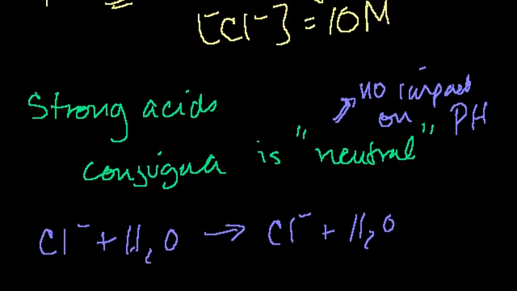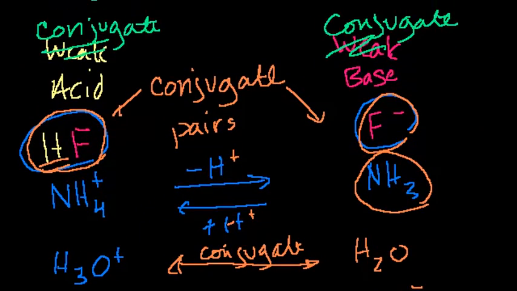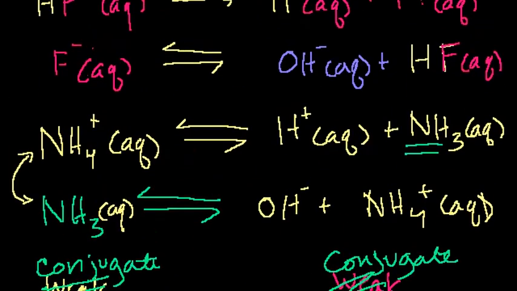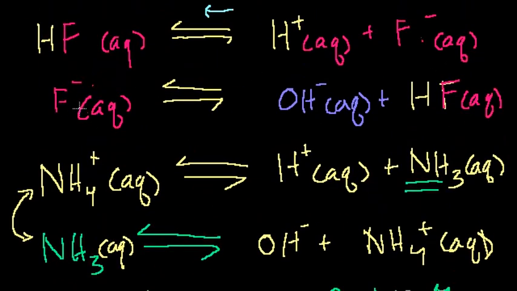Now, on the other hand, when you're dealing with weak acids, this reaction will go in the other direction. If you put some fluorine in water, it will grab some hydrogen, not necessarily a ton of it, but some, from the surrounding water and increase the hydroxide concentration, right? It's increasing the concentration of this thing right here.